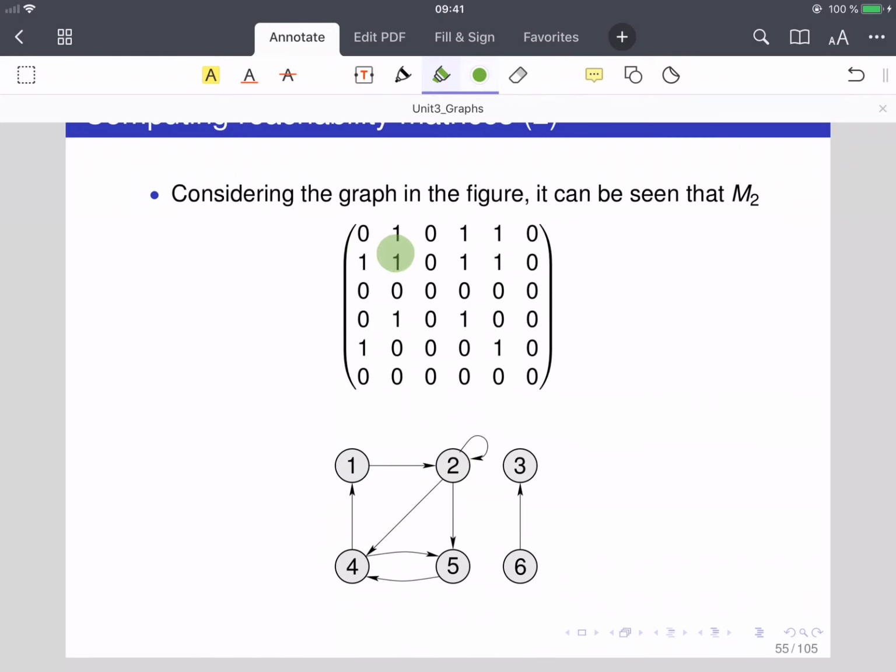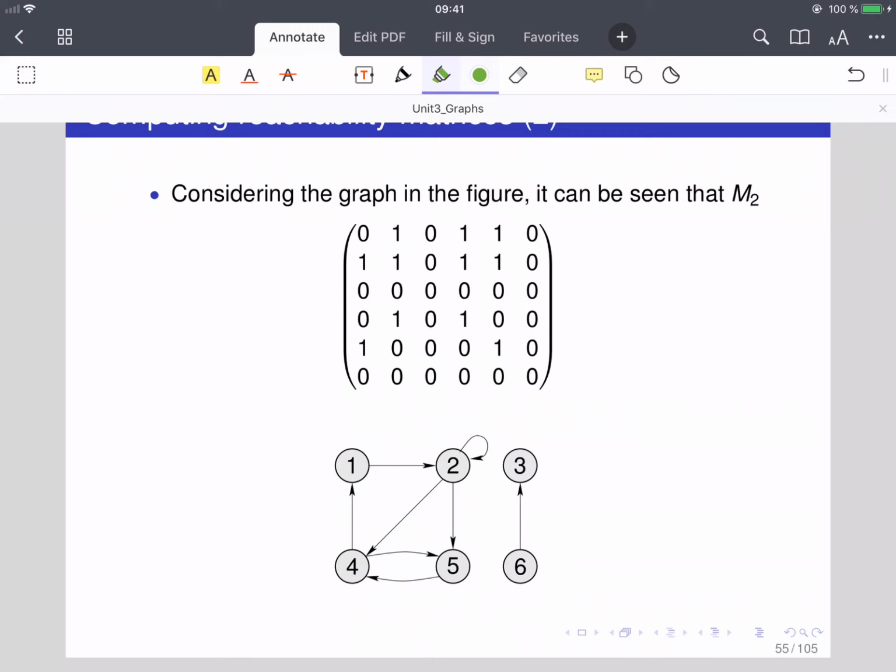For this position, notice that I can go from 2 to 2 and then again to 2, I can use the loop twice. For this position here, I can go from 5 to 4 and then back to 5 and so on, okay? So if you have patience, you can fill in this matrix, which is the two reachability matrix, with all the paths of length 2.